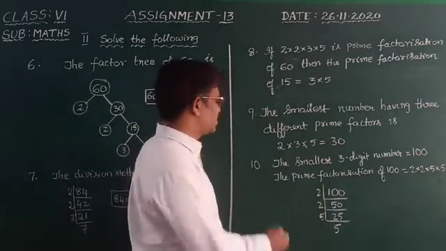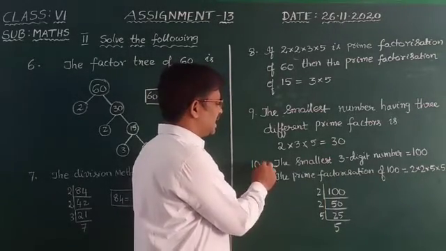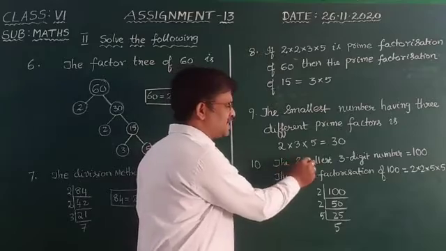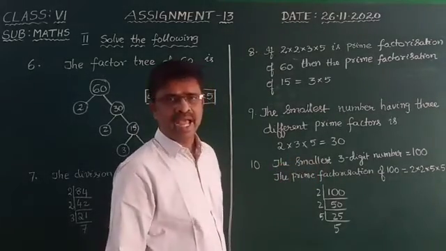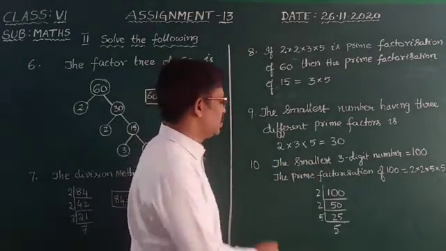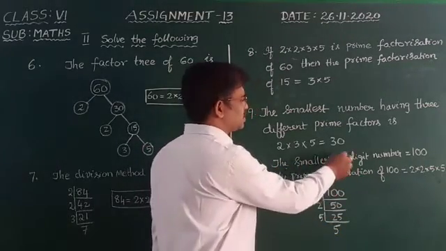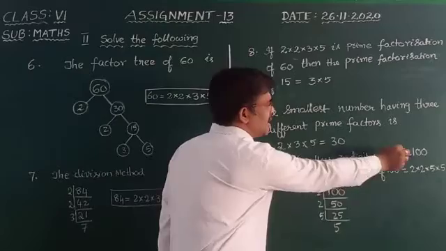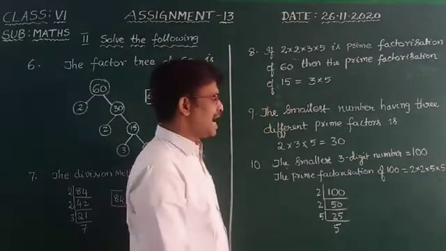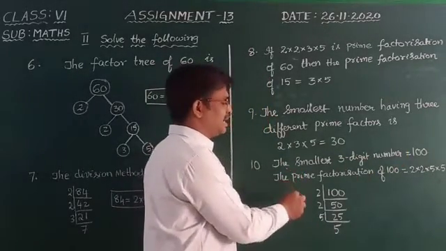Next, last question. What are they asking? Write down the smallest 3-digit number and factorize that number. What is the smallest 3-digit number? Already we know this. The smallest 3-digit number is 100. Now we can take 100 and factorize by any method.